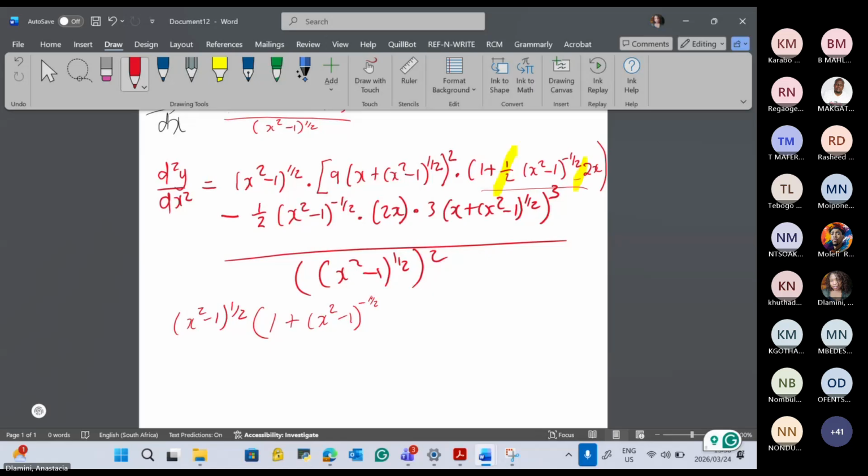Yes. Times x times 9x plus x squared minus 1 to the power of half, to the power of 2.